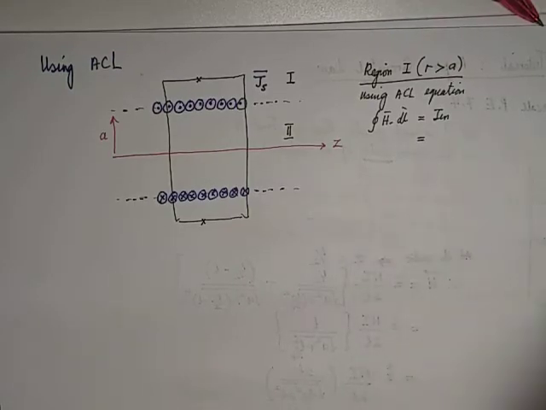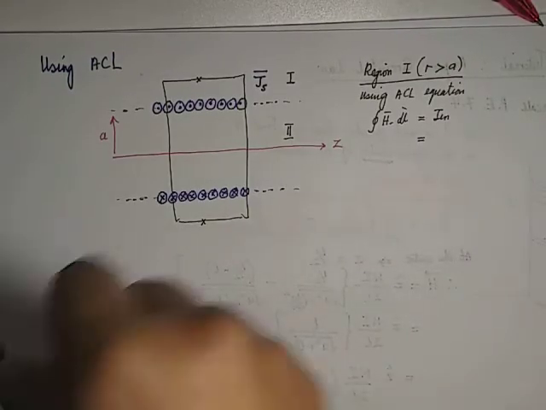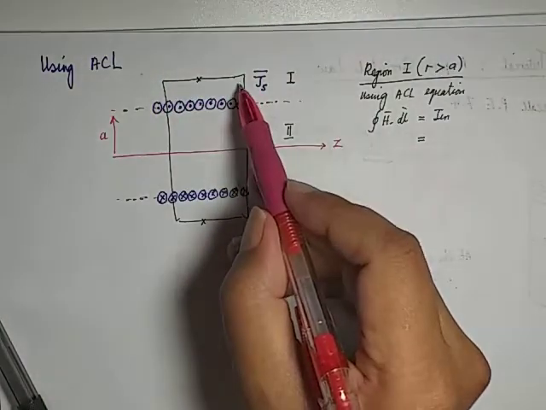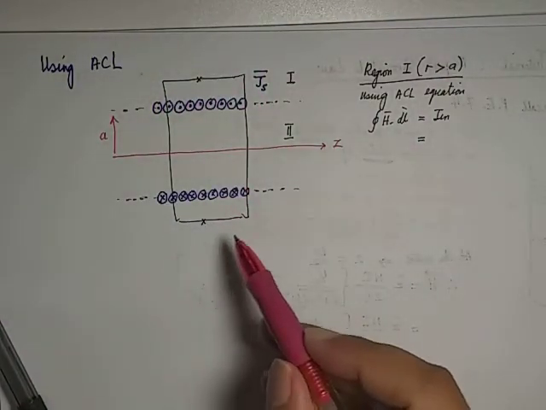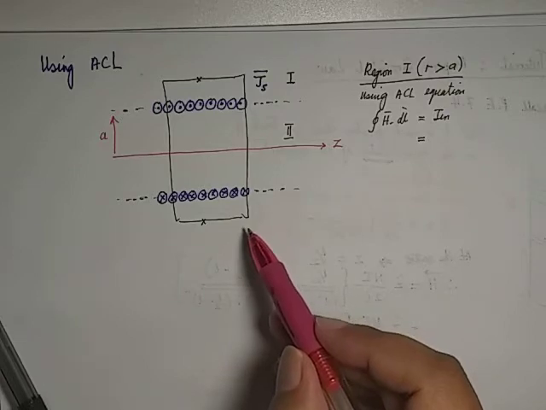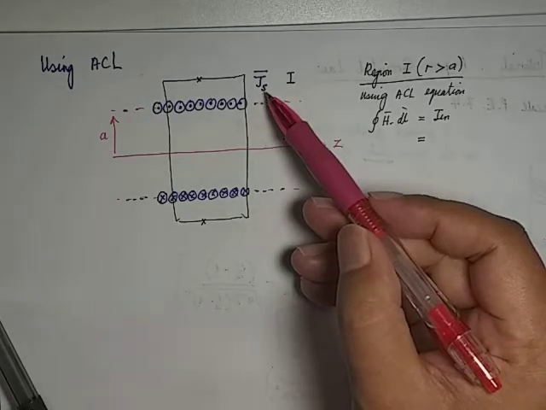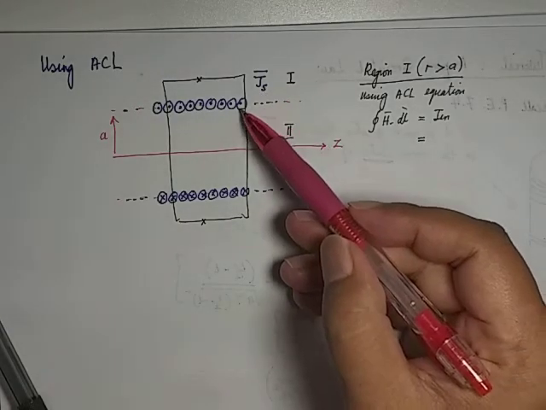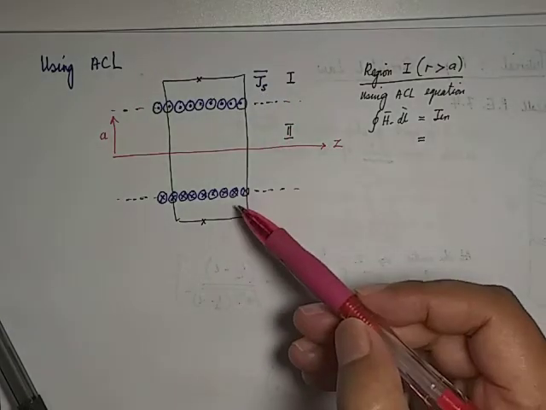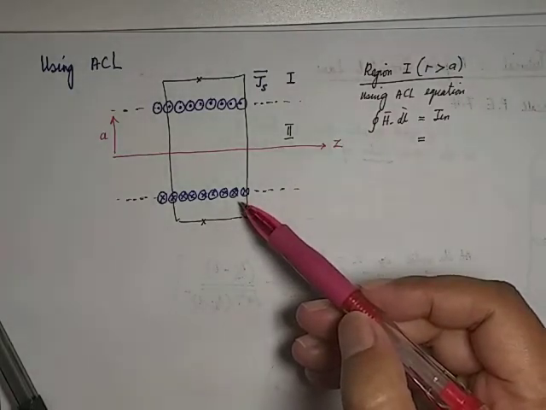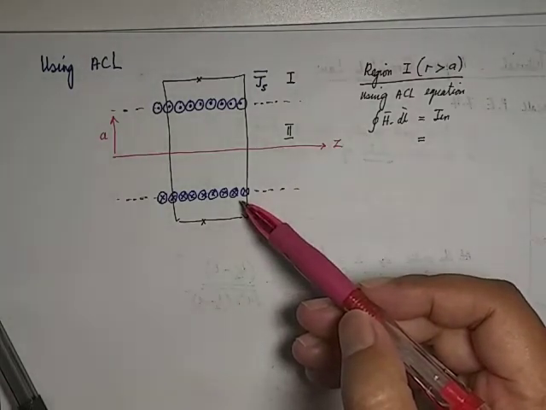What do we see now? The length of the upper part of the loop is similar to the lower part of the loop, and the surface current in terms of magnitude is the same in the upper surface current as well as the lower surface current. But what we can see from the configuration is how the current flows.